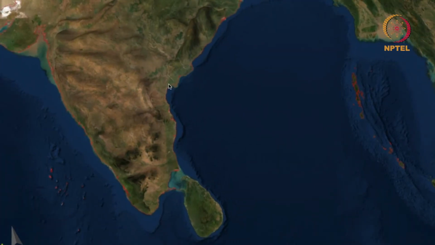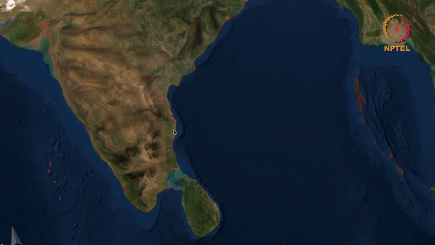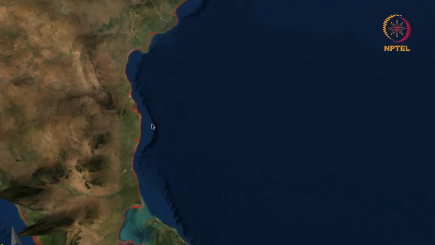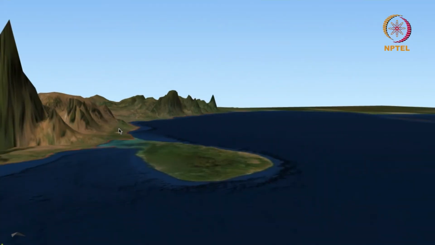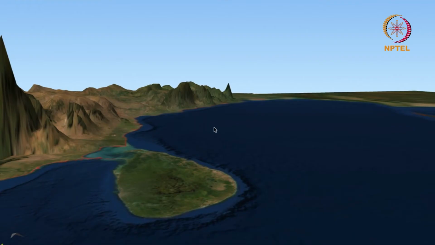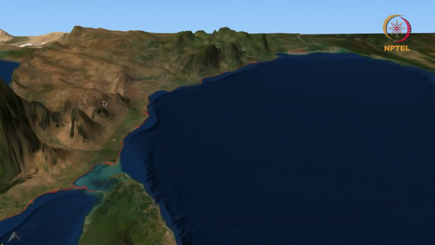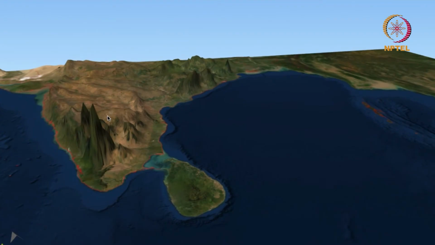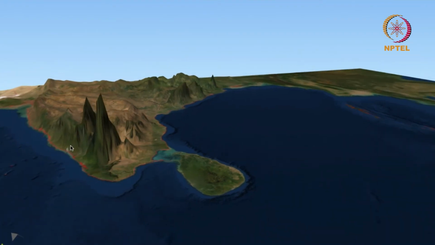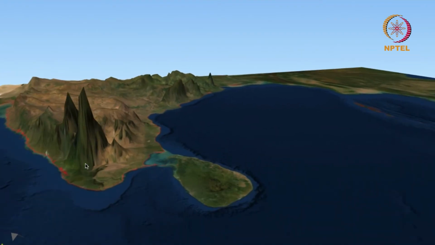Now we have different mountain ranges and these highlands are surrounded by these flat portions which are the coastal plains. So here we have the Bay of Bengal, and in this portion we have the Eastern Ghats followed by the Eastern Coastal Plains, and in this portion we have the Western Ghats followed by the Western Coastal Plains.